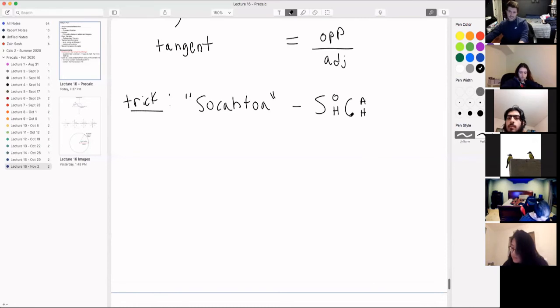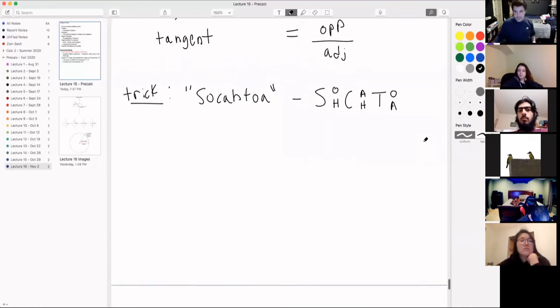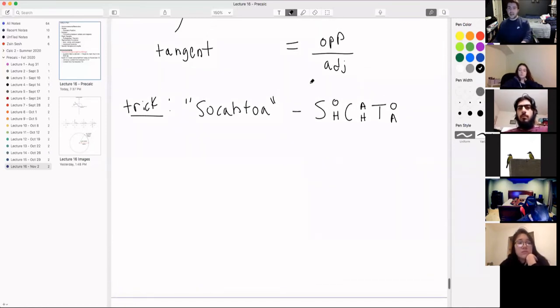This is like the C is for cosine, which is adjacent over hypotenuse. And then the TOA, the last part, is tangent, which is opposite over adjacent. All right, so that's kind of the way I remember it still. So I'll just kind of think of this in my head. So sine, this big S, refers to opposite over hypotenuse, and so on. All right, and then you can kind of read this aloud as SOHCAHTOA. Right.